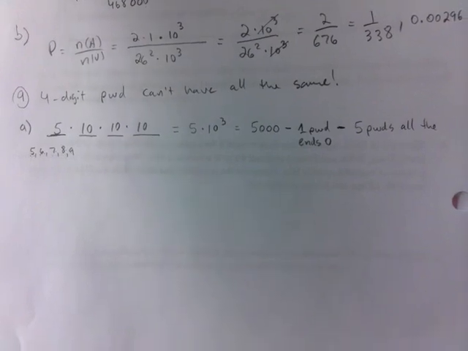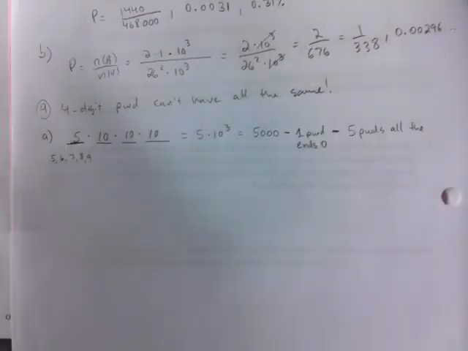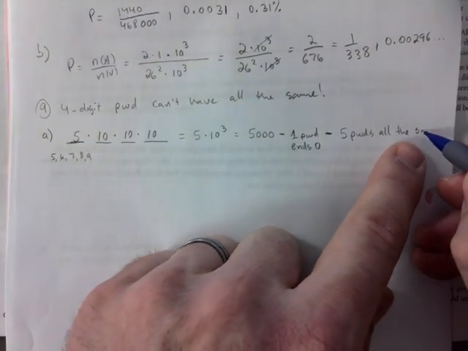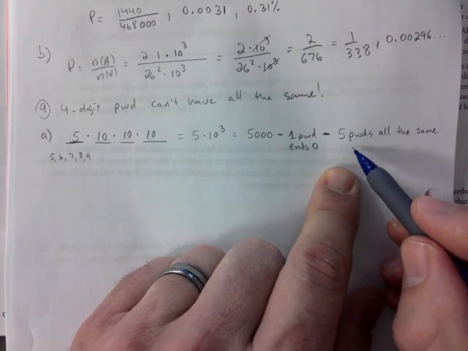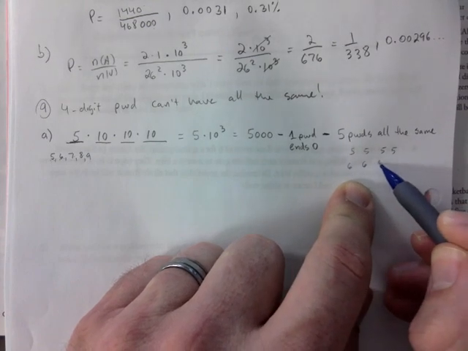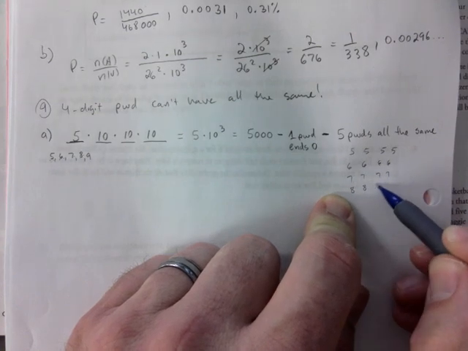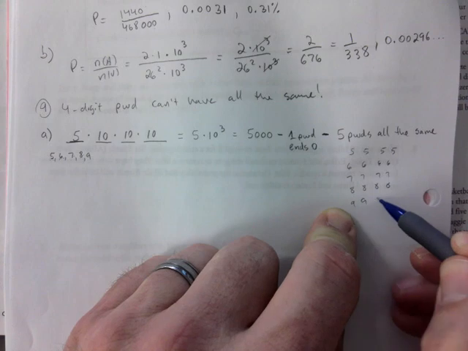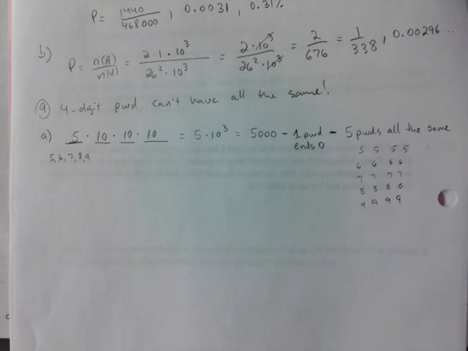All passwords the same. If you don't mind writing this down, it'll be the one that's 5555, the one that's 6666, 7777, 8888, 9999. If you don't want to do this, I totally understand, but that's what I mean.